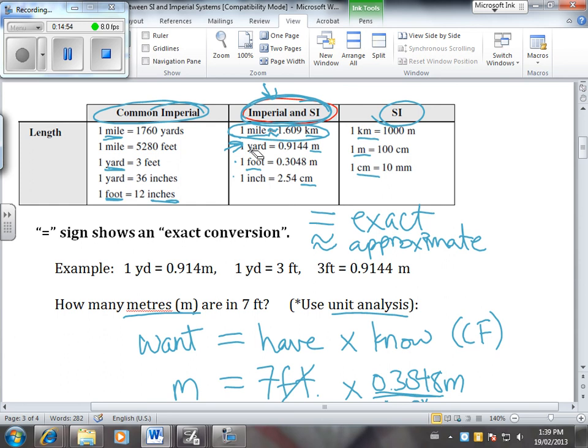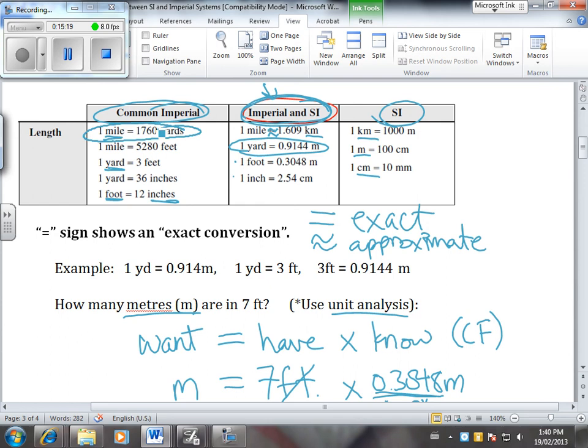Let me clean this up a little bit. There's no exact conversion between kilometers and miles. So we have to use two conversions. What we have to use is going from yards to meters and miles to yards.